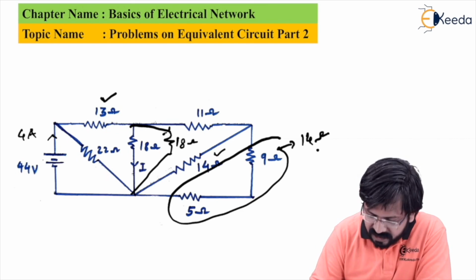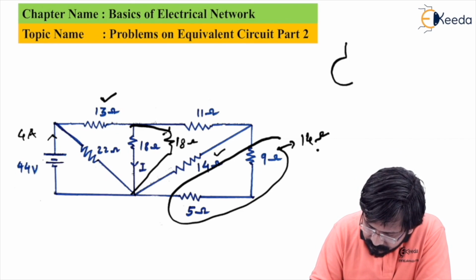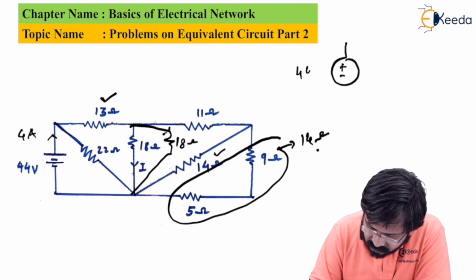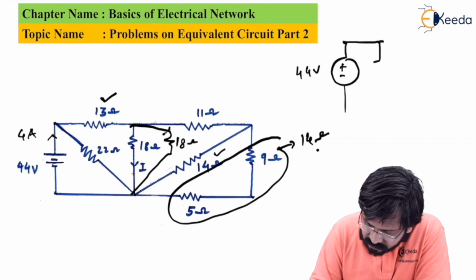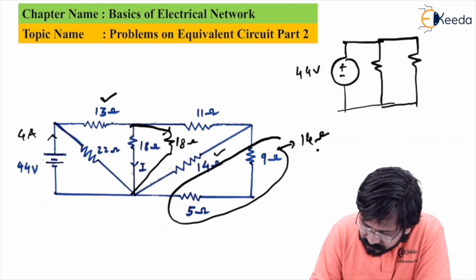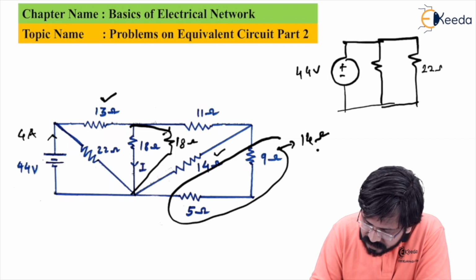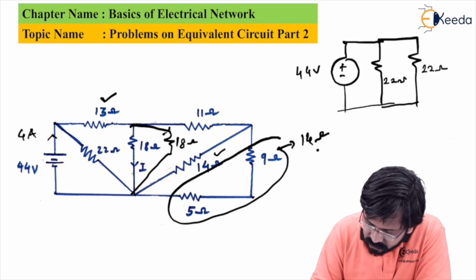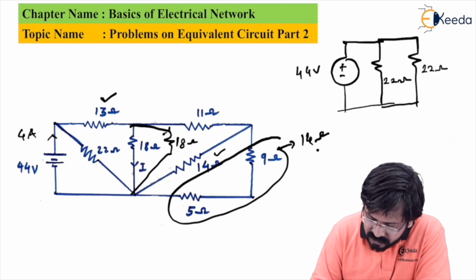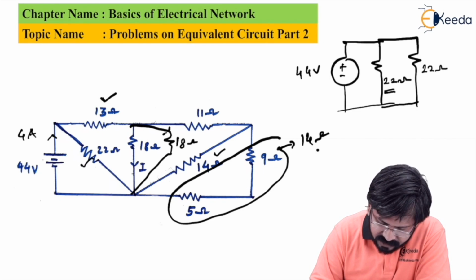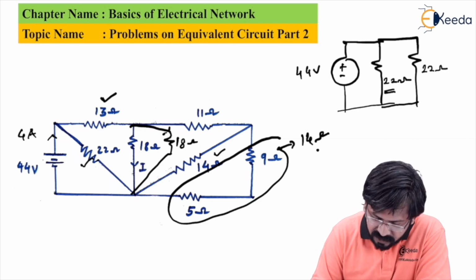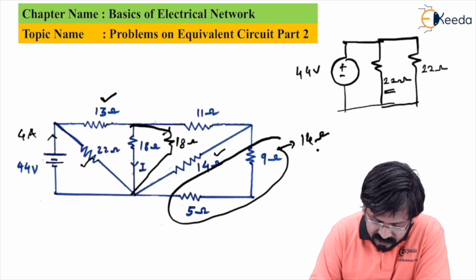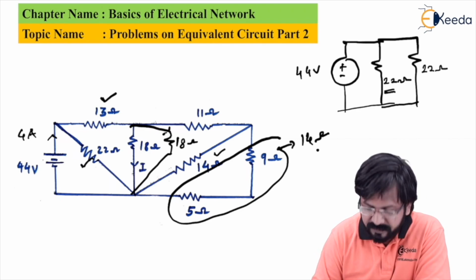Therefore, we'll have a circuit like this: 44 volt with 22 ohms and 22 ohms. The first 22 ohms has come from this, and the other 22 ohms is obtained after reducing the circuit other than this 22 ohms.